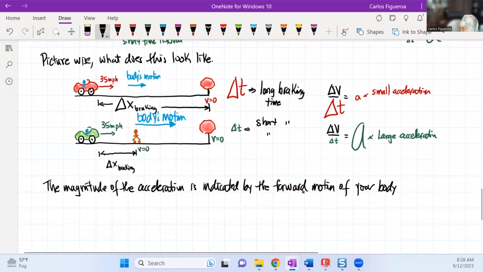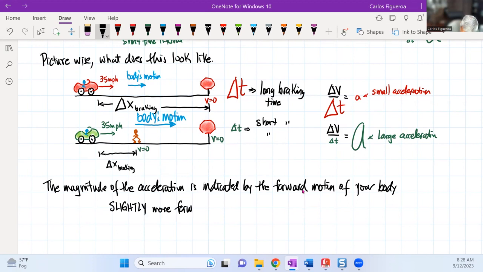In other words, if you slightly move forward, that means that you have a small magnitude of acceleration.